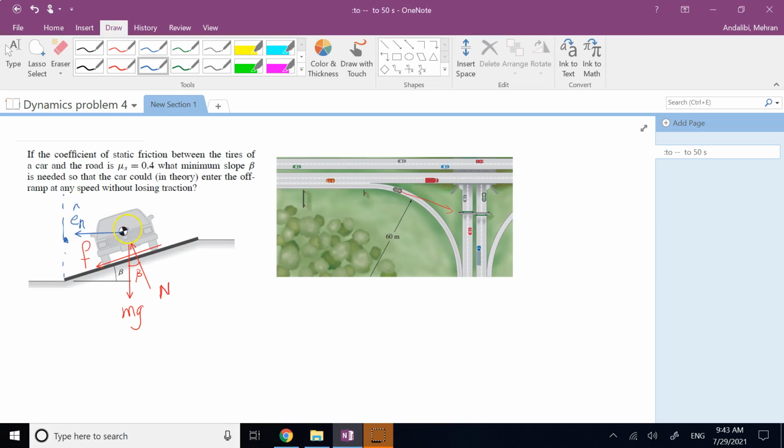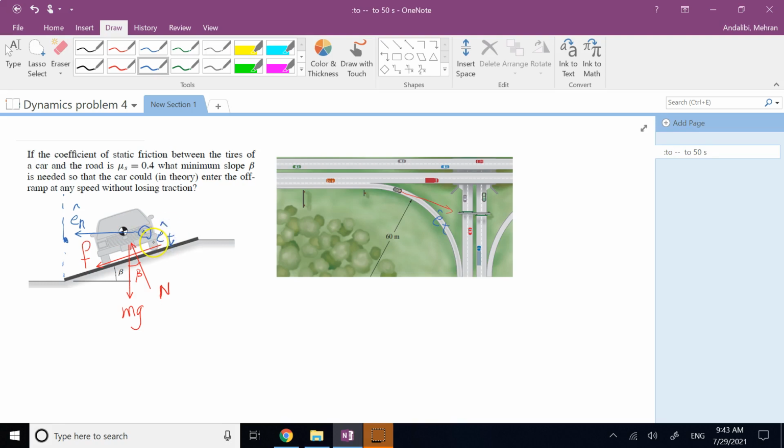Et is along the direction of motion, so Et is like this in this top view picture. In this front view picture, Et is going to be perpendicular to the board toward us. So Et is out of the board toward us.